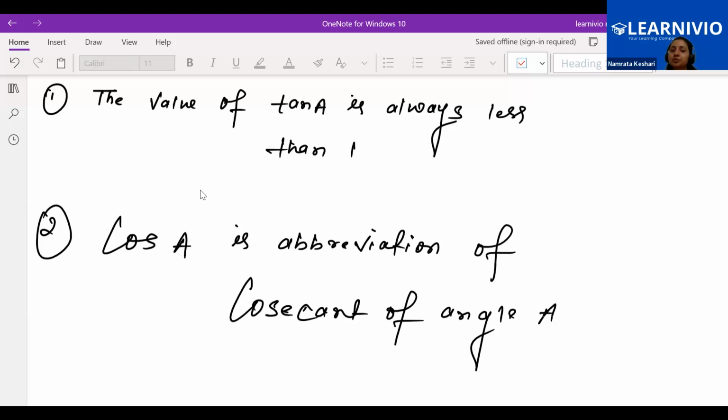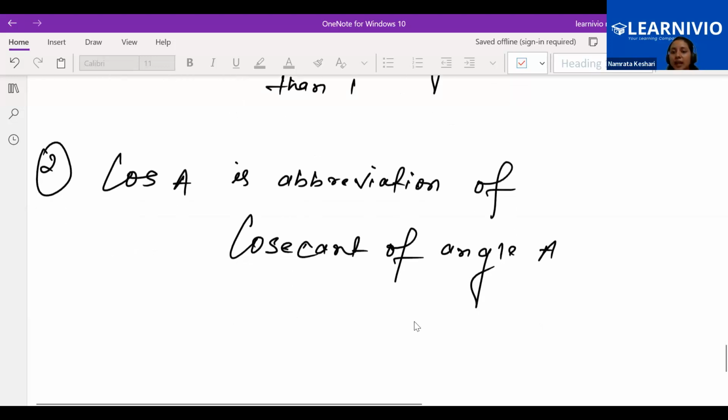Who is going to vote for true? Aisha, true. Zunaid, Alvina, true. Noah, Afnan, true. Is it true? Cos A is the abbreviation of cosecant of an angle A.